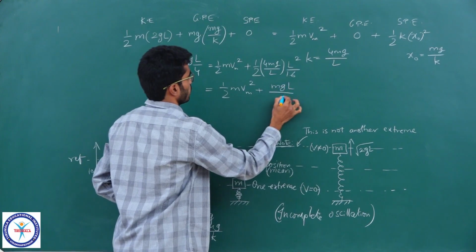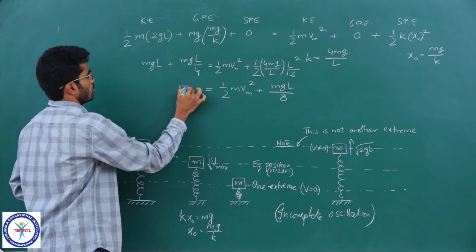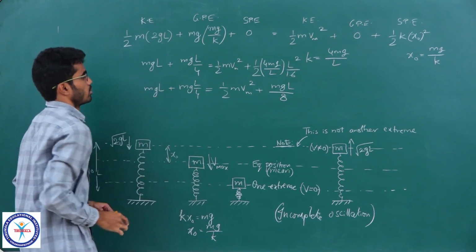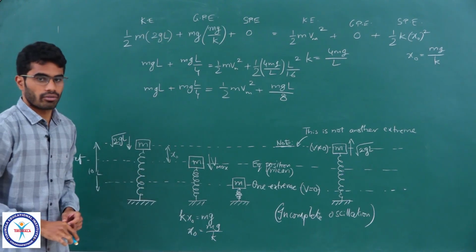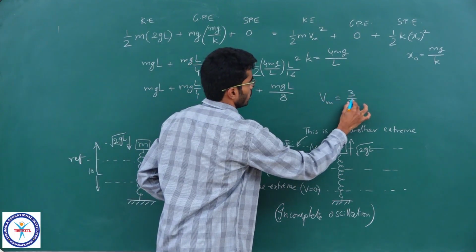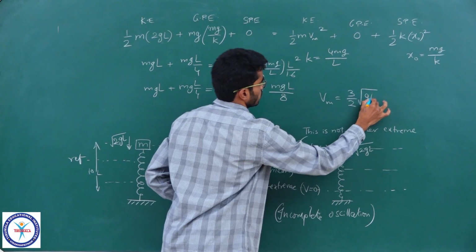Mg L by 8. So, we can solve for V maximum here. V maximum you should get it 3 by 2 root G L.